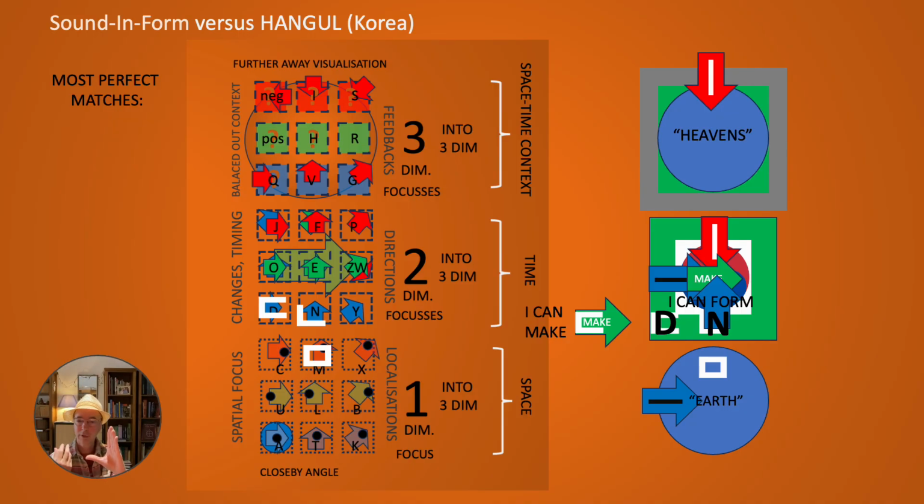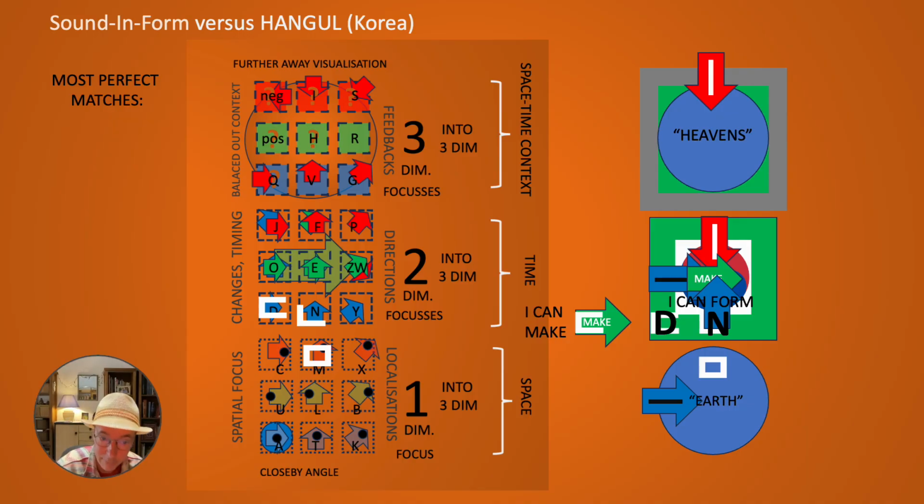It gives you the opportunity with D that you can make something. So things are stable in the earth, in physicality, but when you're going to change them, you can make something from it via the letter D. And you can form something from it with the letter N. So here you use the vertical for the D, and the horizontal for the N.